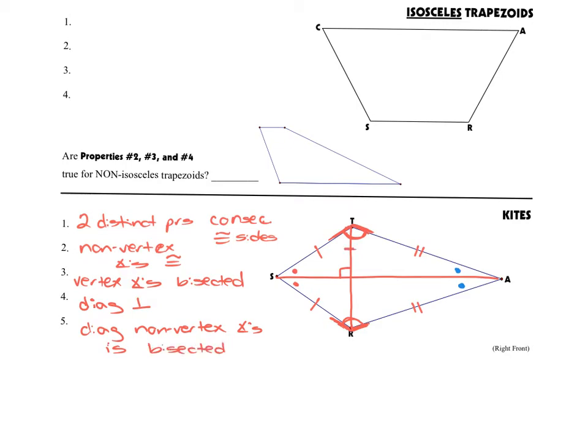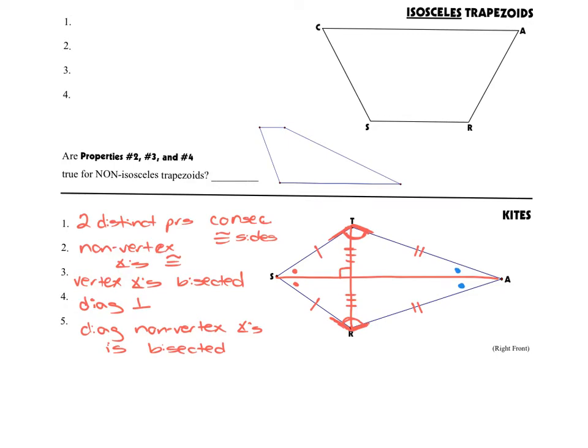So that means these little pieces are congruent. We can also think of this property 5 right here from the perspective that the diagonal connecting the vertex angles is a perpendicular bisector of the other diagonal. So that's another way to think about that.